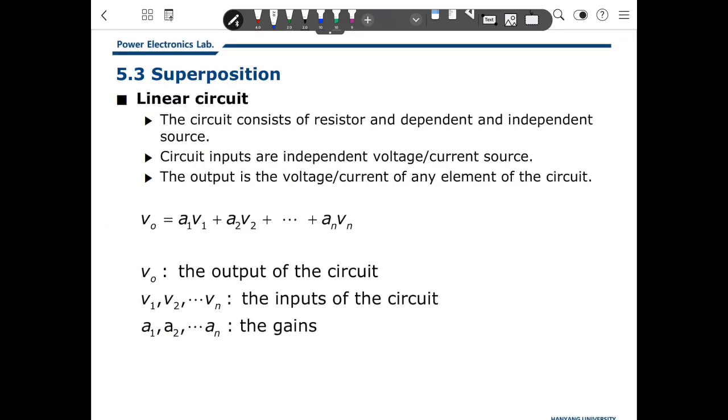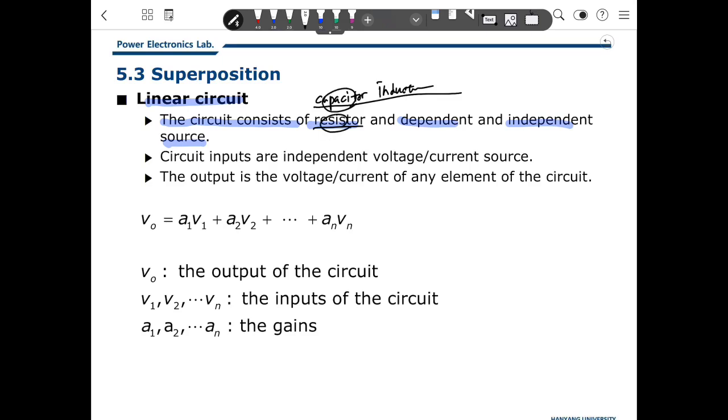And what is a linear circuit? The linear circuit is the circuit that consists of resistors and dependent and independent sources. Later, we will deal with circuits with not only resistors but also capacitors and inductors and so on. Then we can say that is a linear circuit.